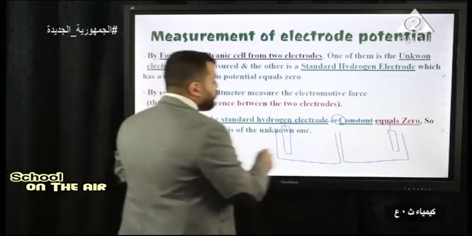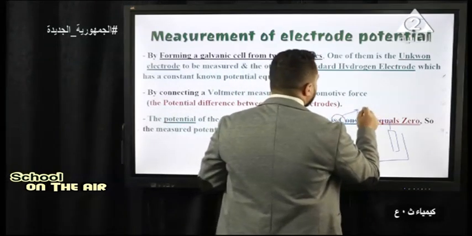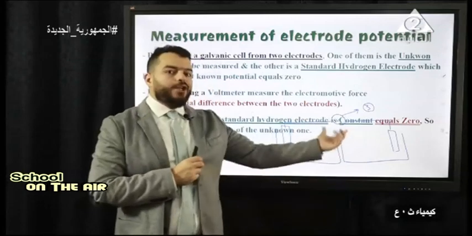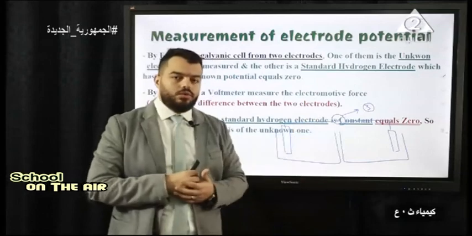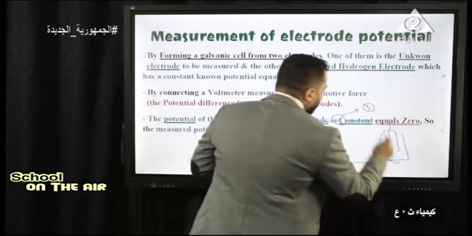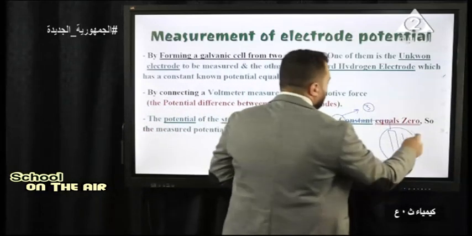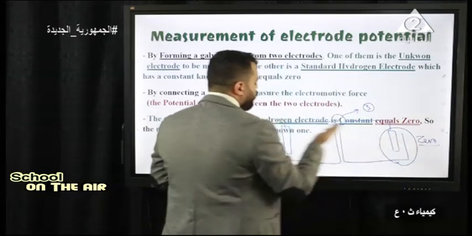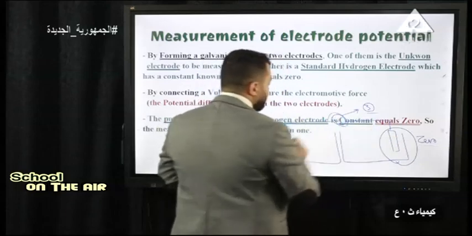Okay? And when the voltmeter measures that the potential difference is 3, could you from this 3 know who is larger than who or who is higher than who? No. So you have to choose someone to be a constant electrode with potential equal to 0 and connect it to the other electrode to measure the difference between them.